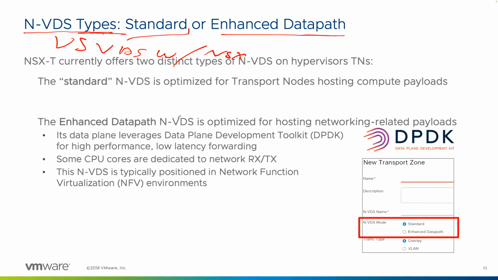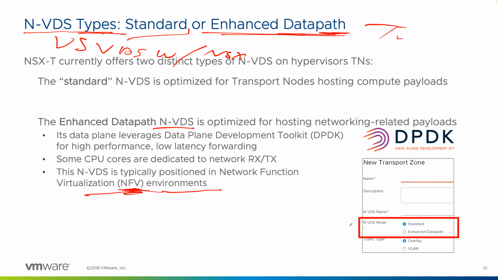Enhanced data path type is for high performance forwarding or for service providers to implement their NFV function. So if you remember NFV, service provider, and high performance as highlighted words, that reminds you of the enhanced data path type NVDS.